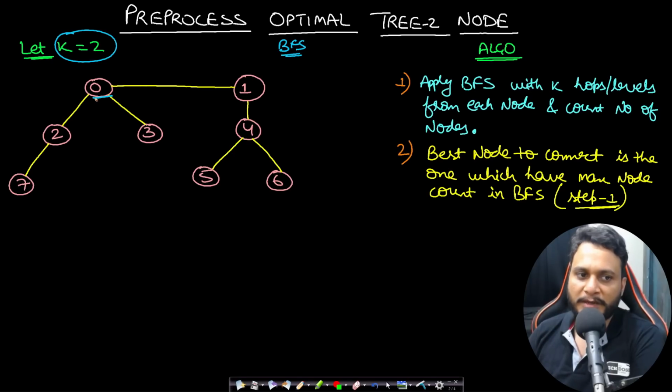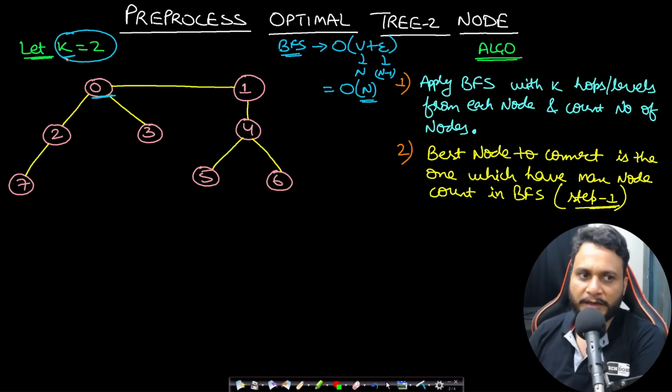If you apply BFS from one node, the time complexity is order of v plus e, where v is the number of vertices, in this case n, and the number of edges is n minus 1, because this is a tree. So the total complexity is order of n if you perform BFS from one node.